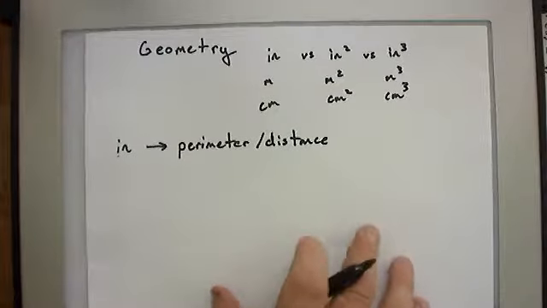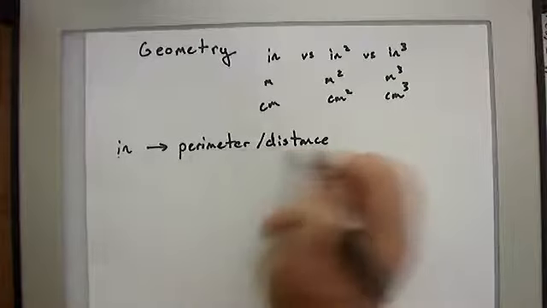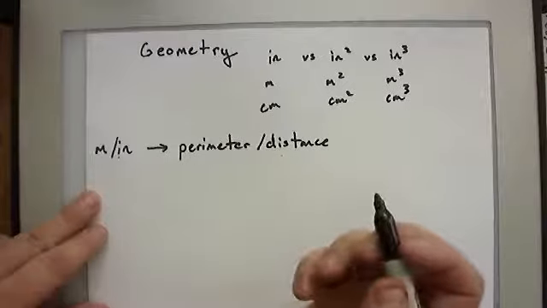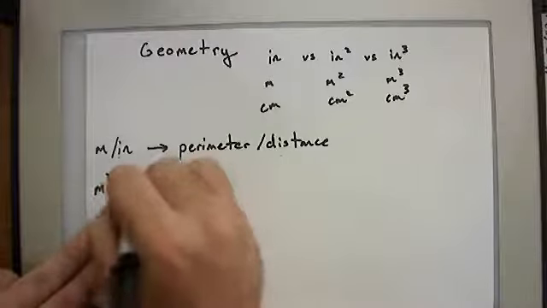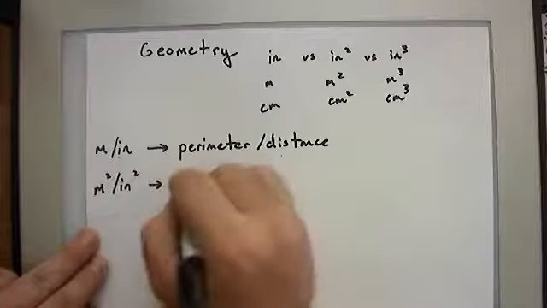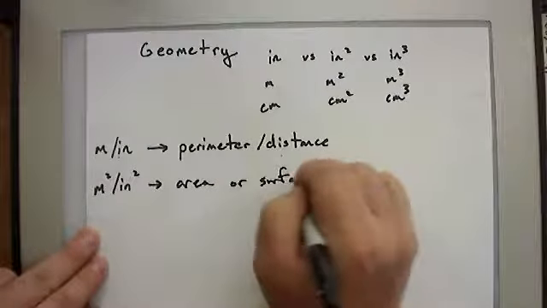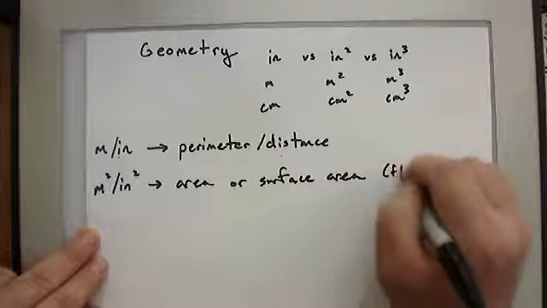You don't say miles cubed, because it's a straight distance. So anytime you're measuring just perimeter or distance, it's going to be inches or miles or whatever, just basic units. You get to the squares, miles squared, inches squared, things like that, when you're doing area or surface area, which is still a form of area. Easiest way to think about area is floor space.